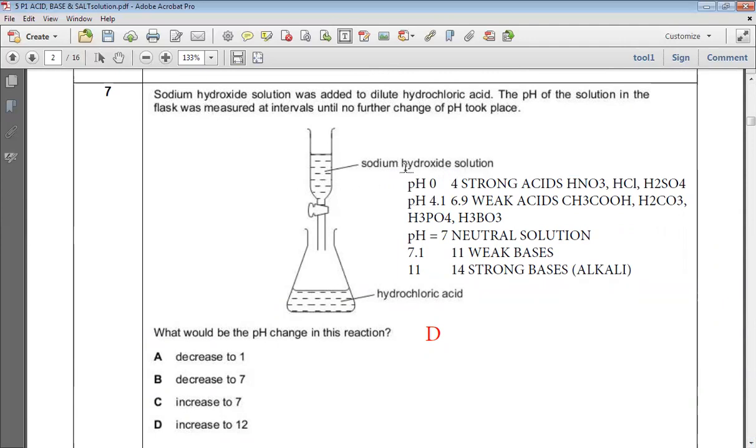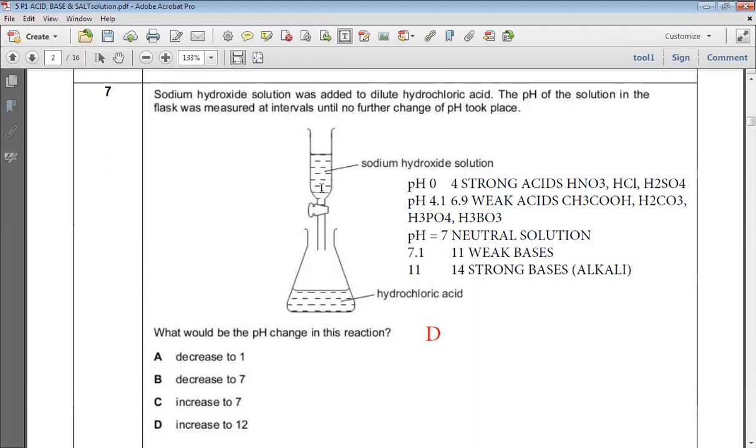Sodium hydroxide is filled in the burette above the conical flask, while the hydrochloric acid, a strong acid, has been taken in the conical flask. So when we add sodium hydroxide solution gradually, drop by drop, the acid is gradually neutralized by the added base, and salt and water are produced. The pH value increases from 0 to 4 up to 7 till the solution becomes neutral.